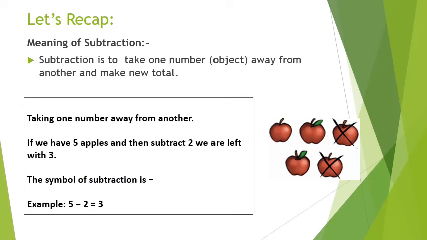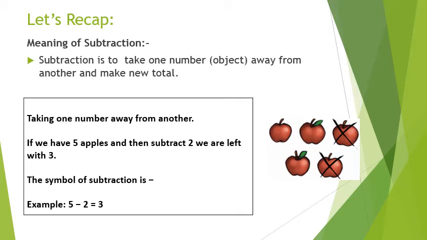See this question. Taking one number away from another. If we have 5 apples and then subtract 2, we are left with 3. The symbol of subtraction is a dash, a sleeping line.